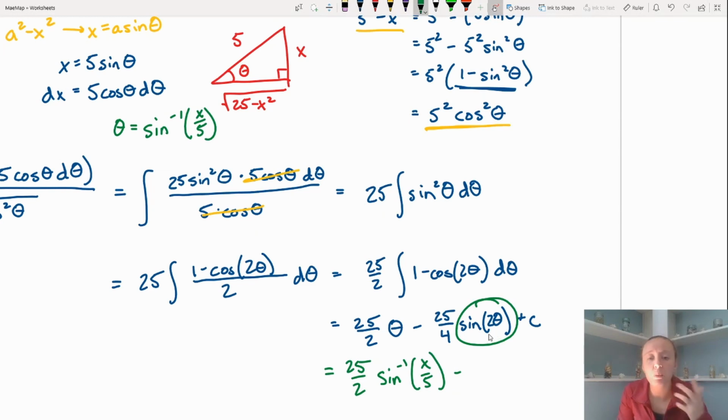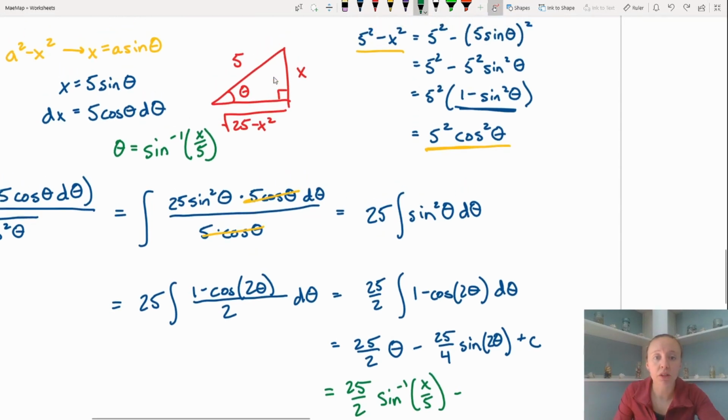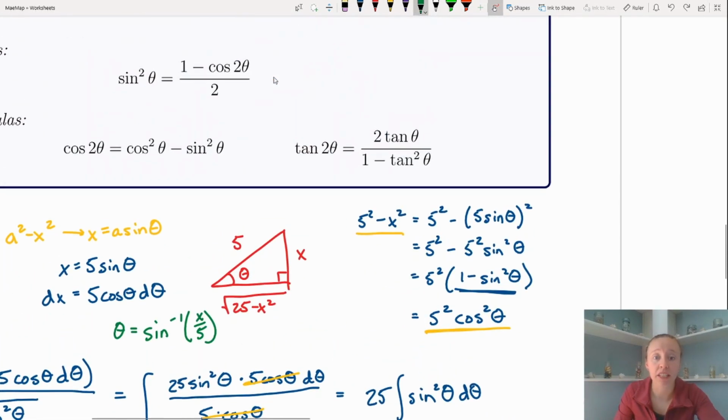However, in this case, what is sine of 2 theta? Well, if we had just sine of theta, that would be x over 5. But the sine of 2 theta, we don't just multiply that by 2. We're going to use one of the formulas from up above to help us figure out what sine of 2 theta is. We'll use a double angle identity.